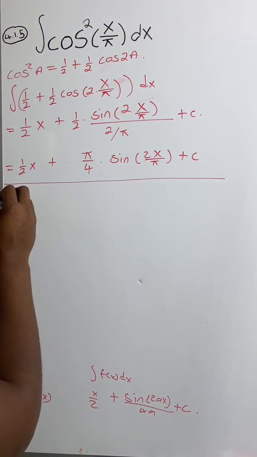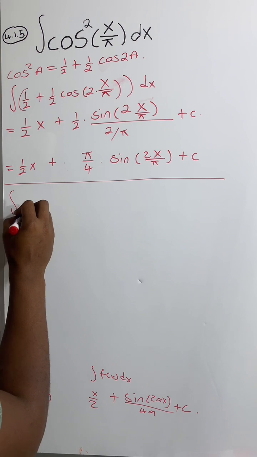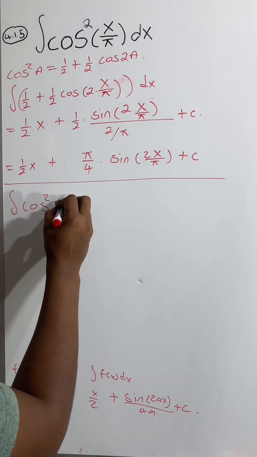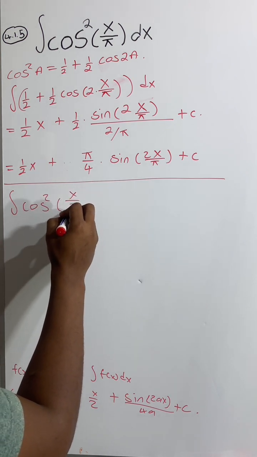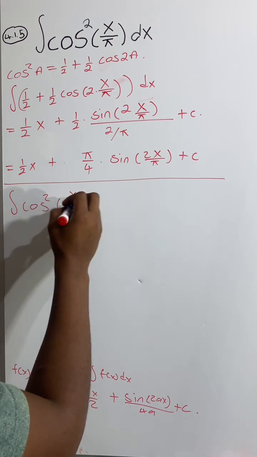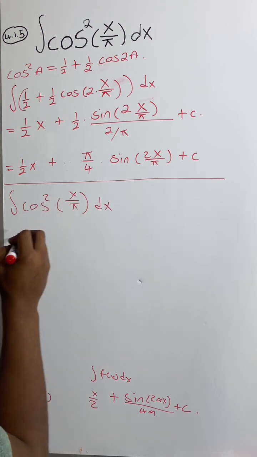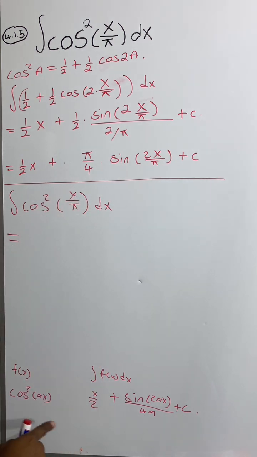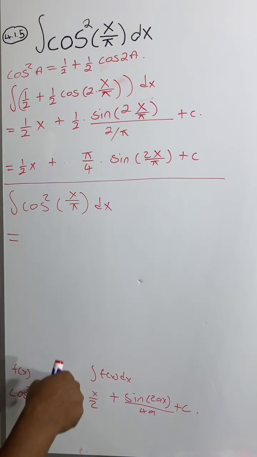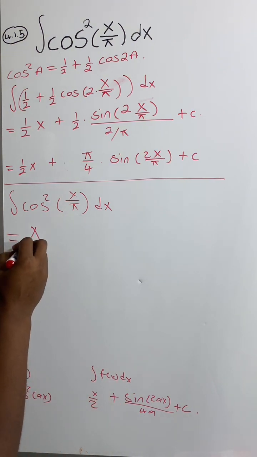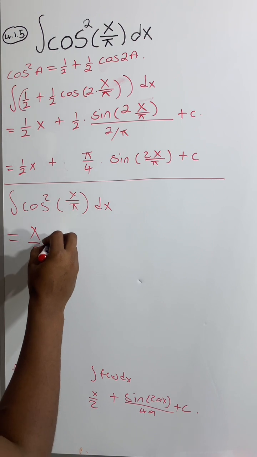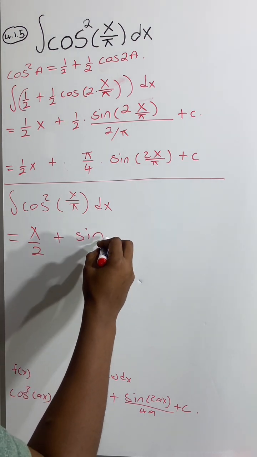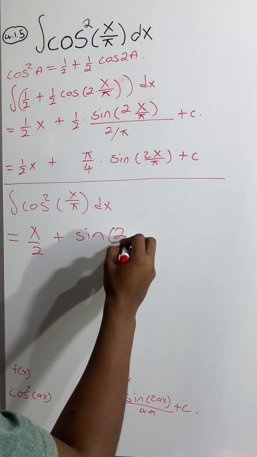So our integral of cos squared x over pi dx will be equal to x over 2 plus sine of 2 multiplied by a.